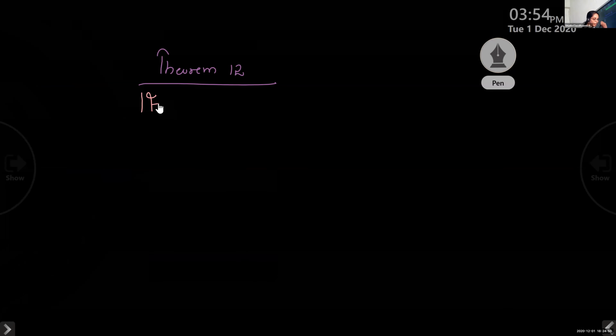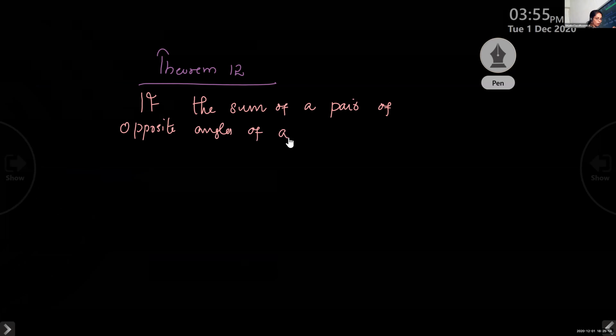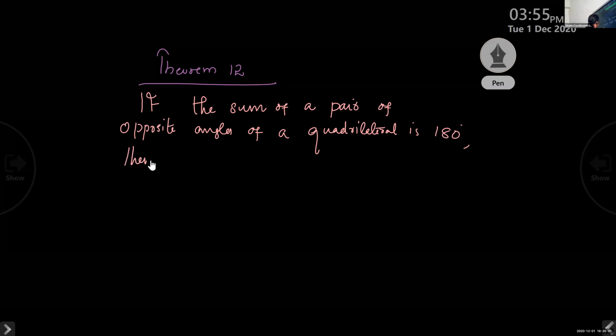If the sum of a pair of opposite angles of a quadrilateral is 180 degrees, then the quadrilateral is cyclic.